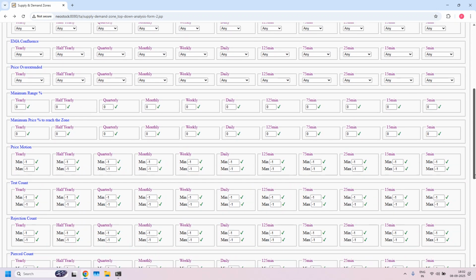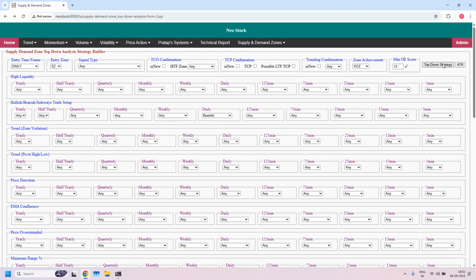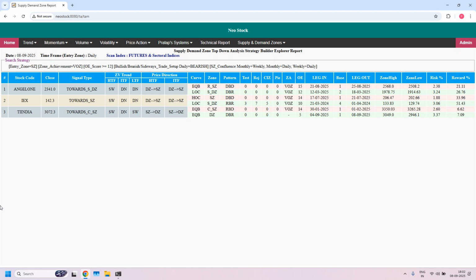In the supply zone confluence, 3 filters we have to set: daily and weekly already enabled, daily and monthly, weekly and monthly. Supply zone confluence in all the 3 filters. So we got 3 stocks.